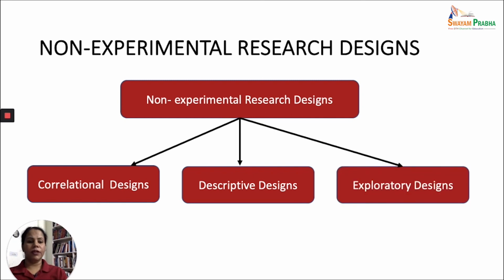Or it can be exploratory design where rather than describing, we try to explore the factors which might be causing or which might be antecedents for that particular phenomena. So these are the different types of designs under the non-experimental research designs. So we will be discussing all these designs one by one.